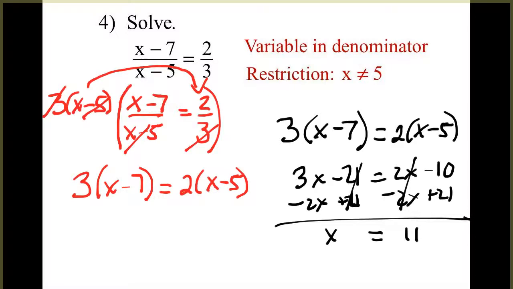So when I use the common denominator, it's taking me longer. When I do the cross products, setting it up like a proportion, this is actually the same answer. I just have one more step, that 3 times x minus 5.